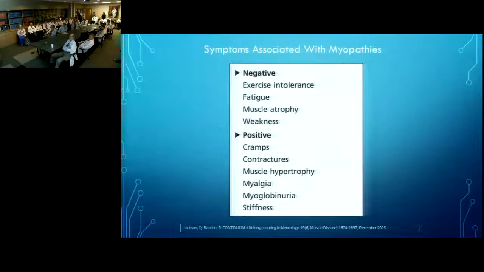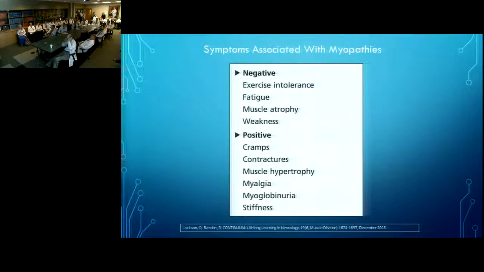Actually, a lot of patients who report generalized weakness and fatigue with a normal exam are unlikely to have a myopathic process. Now, exercise intolerance is commonly reported in metabolic myopathies and also to some extent in mitochondrial myopathies. But it's always important to define the duration and intensity of the exercise when you're questioning them.